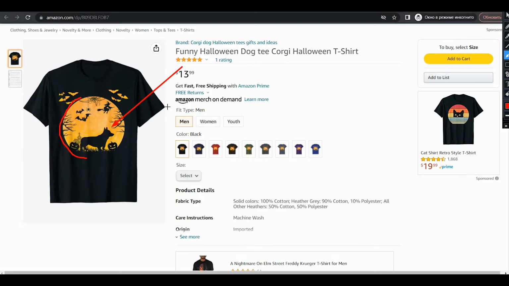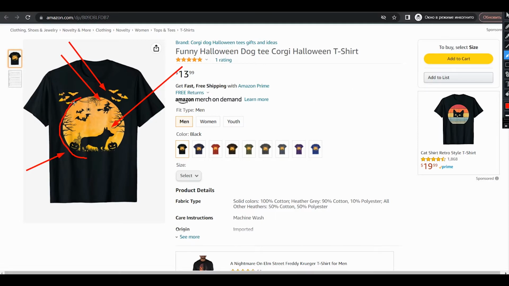And to be honest, it is quite simple to remake this design for different animals, for different breeds, because you only have different silhouettes and all the other parts of the design are quite similar. It can be bats like here, or maybe some witch, or pumpkins, or some other Halloween symbols.